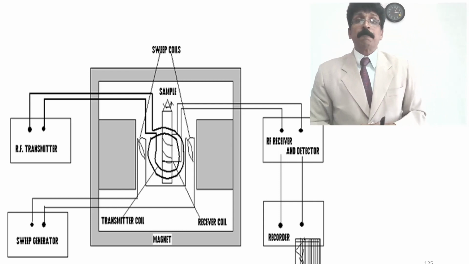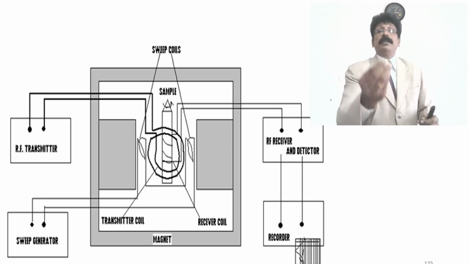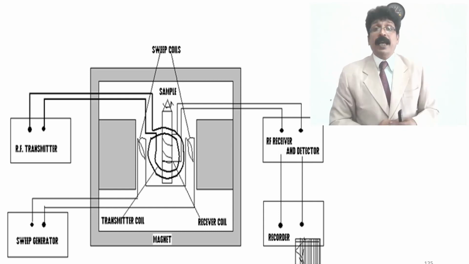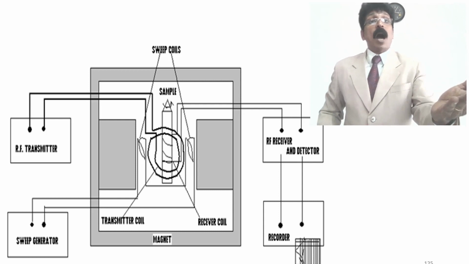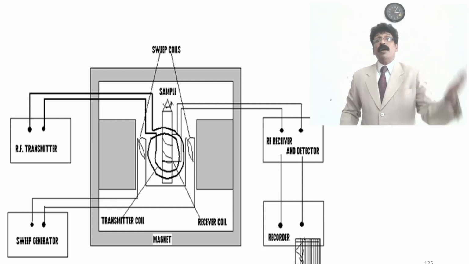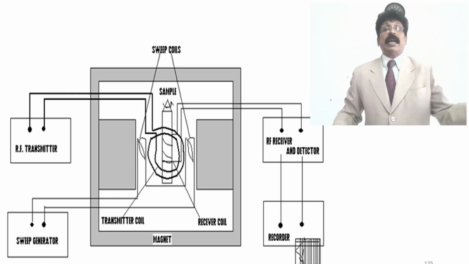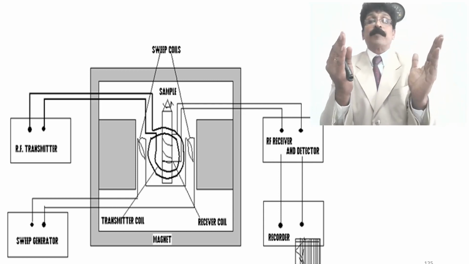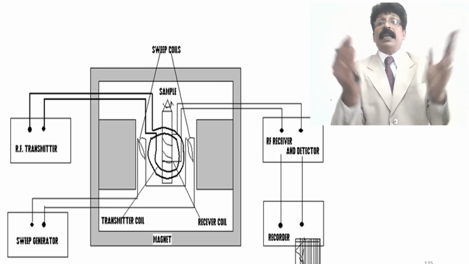Anyhow, we just imagine that this sample is kept there and we are keeping an RF transmitter. That means radio frequency is transmitted to the sample in the presence of the magnetic field.